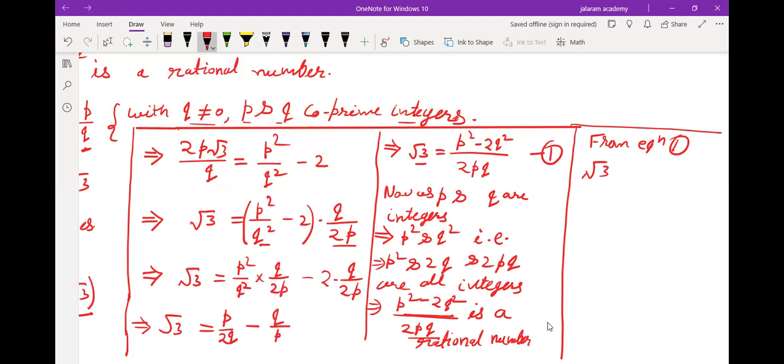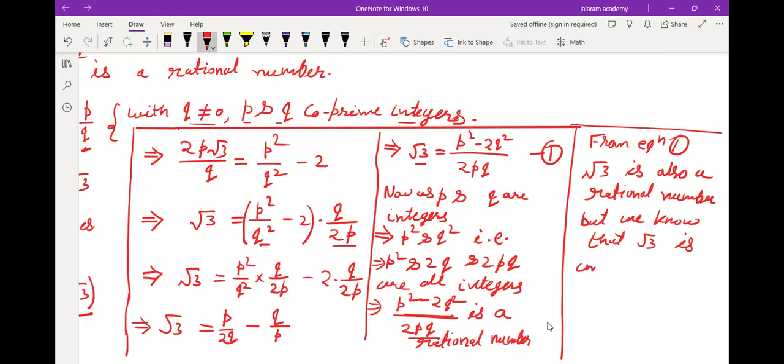It means the term which is equal to it, that is root 3, is also a rational number. But we know that root 3 is an irrational number.